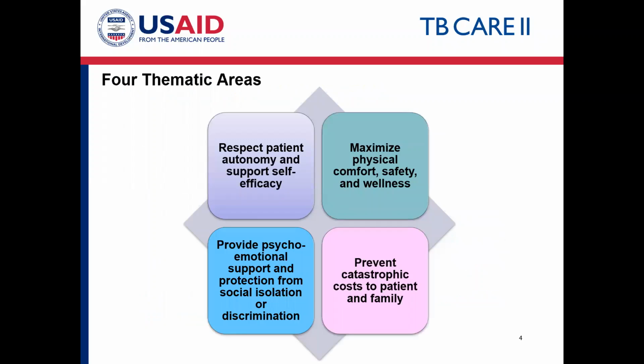So this is just a refresher of what the comprehensive supportive care framework looks like. When we look at the literature and think about where we are in terms of global treatment success for people with drug-resistant TB, we're only a little over 50% treatment success. So clearly things need to be done.